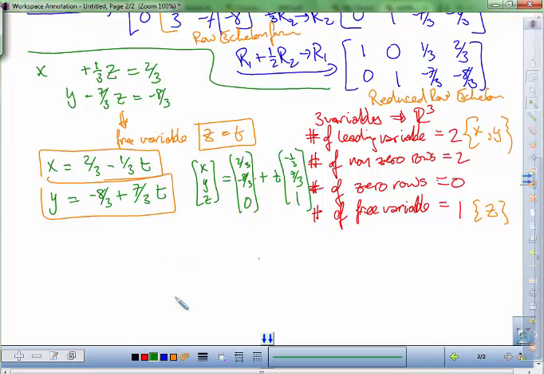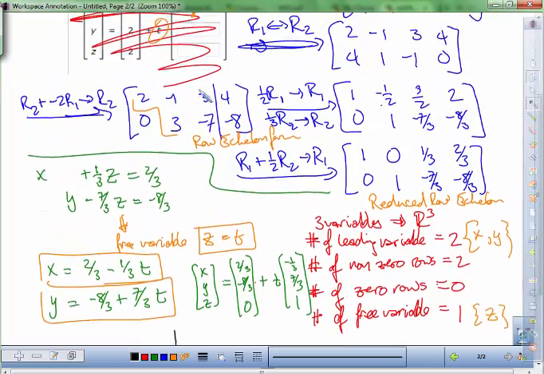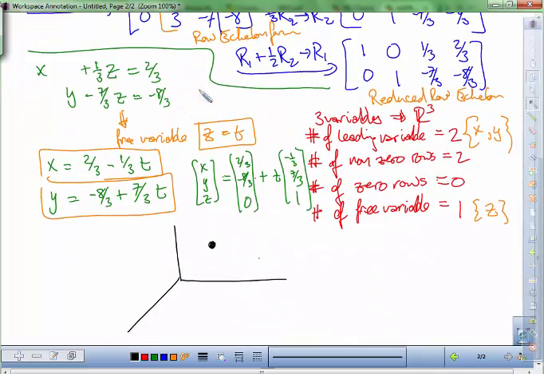So here's the visual. Let's see if we can get a visual of this. Their point is 0, 2, 2. And my point is not so nice, but it's 2/3, negative 8/3, 0. And the graph is supposed to be passing through these 2 points.